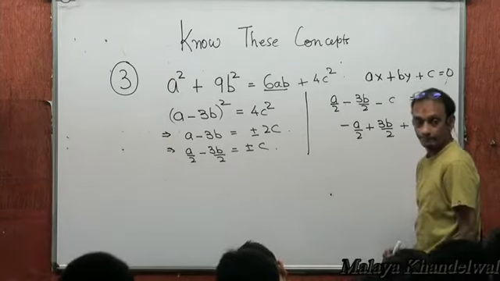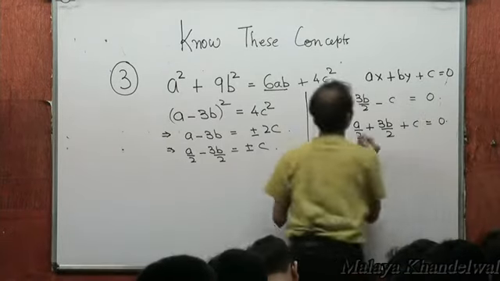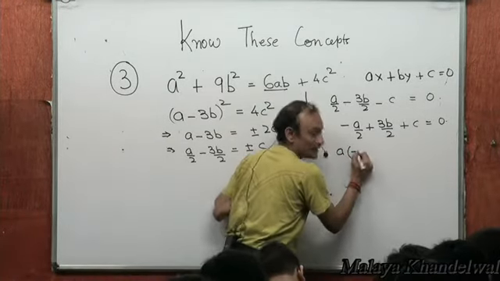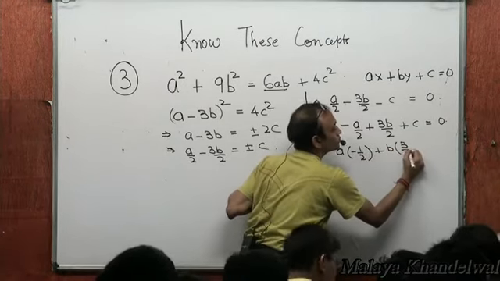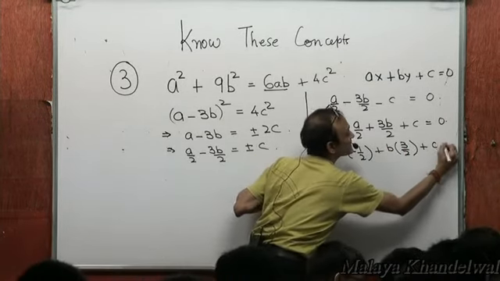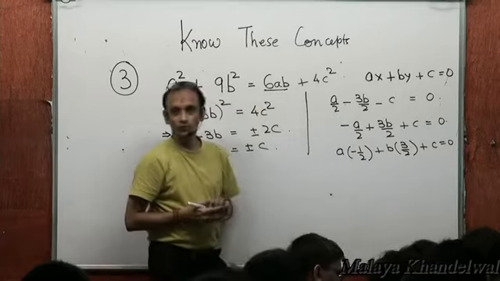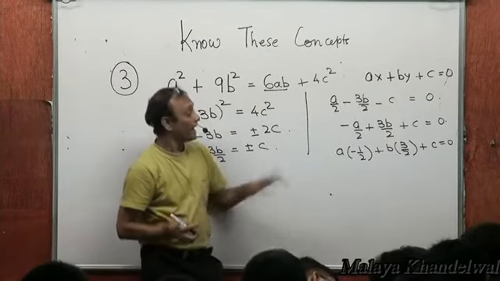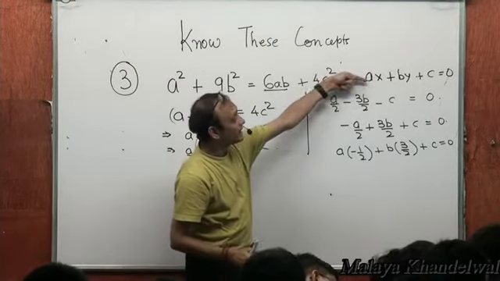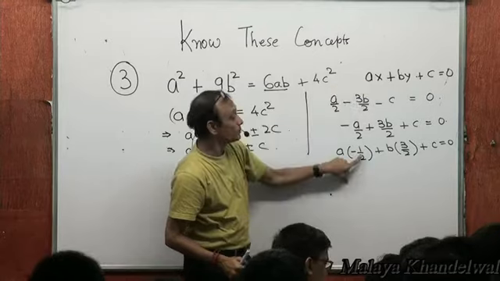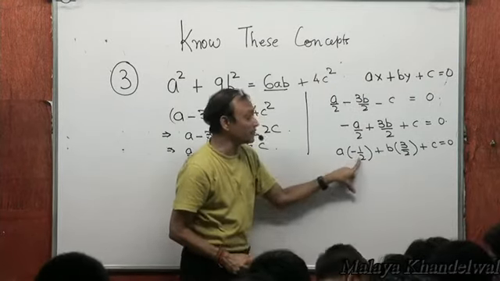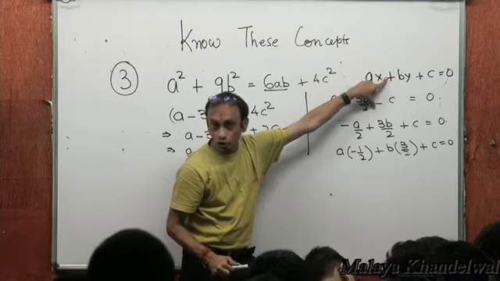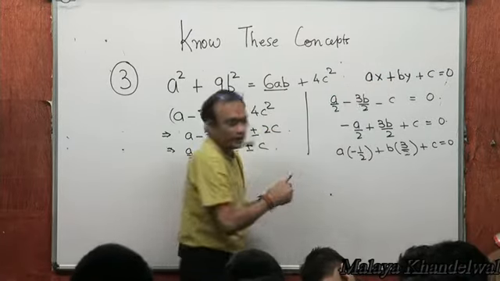Now on comparison, this is like a into minus half plus b into 3 by 2 plus c is 0. And then on comparison, I end up getting that this line will pass through minus half comma 3 by 2. That's one of the possibilities.